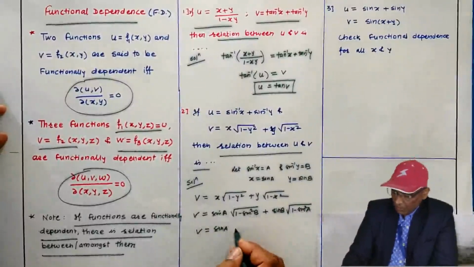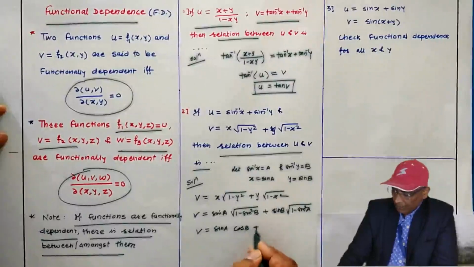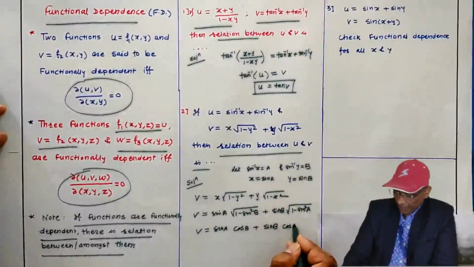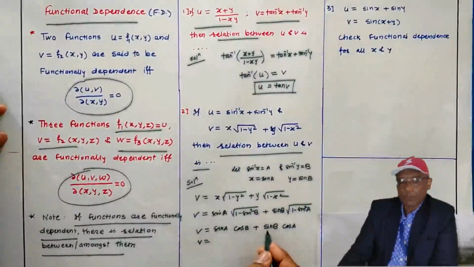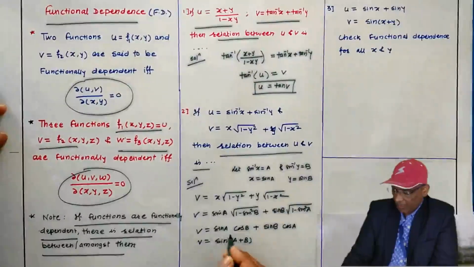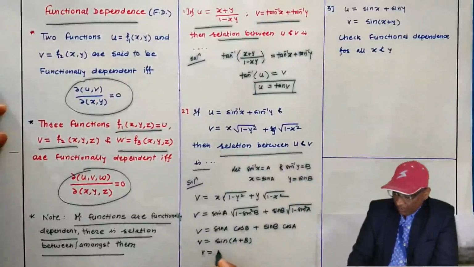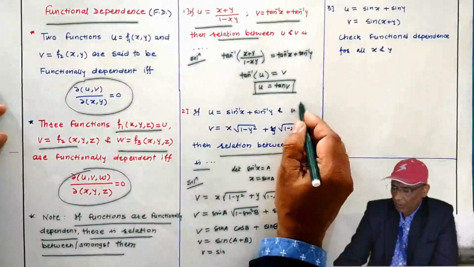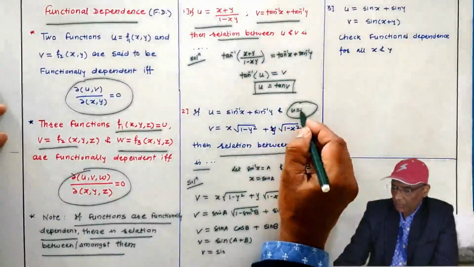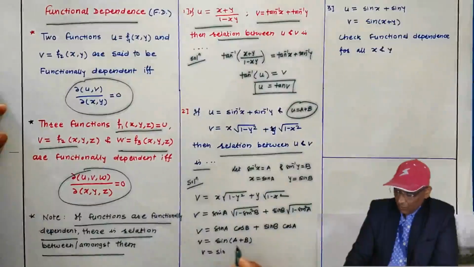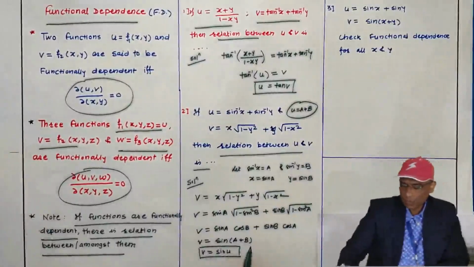Under root of 1 minus sin square is cos. So we get sin a cos b plus sin b cos a, and the trigonometric formula we have is sin of a plus b. Now v is equal to sine of a plus b. And a plus b is u. So v equal to sine u is the relation between u and v.